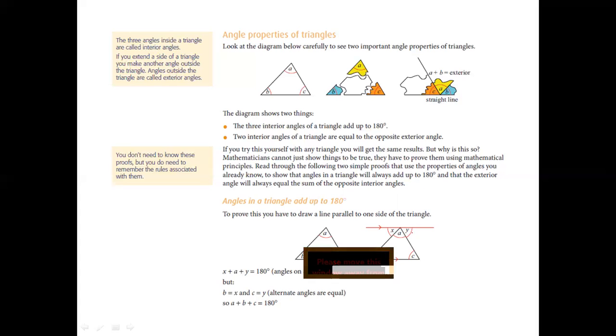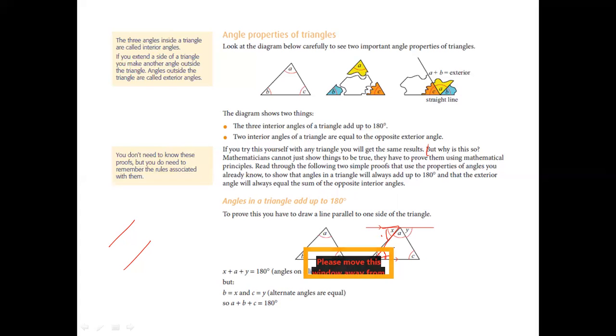If you remember the rule of Z, if we have two parallel lines, as you see here, x and b, here we have the rule of Z. Yes, interior angles are equal to each other. So x is equal to b and c is equal to y. The other name of this rule is alternate angles.